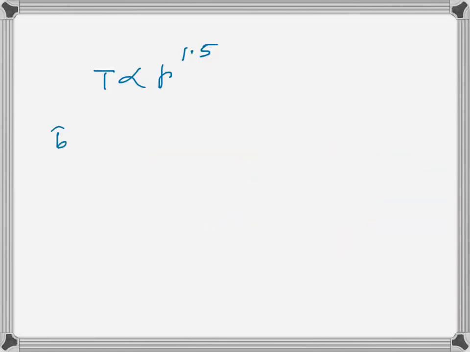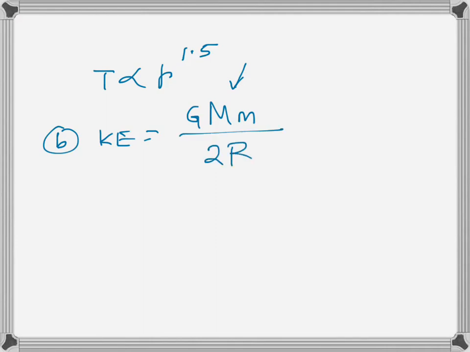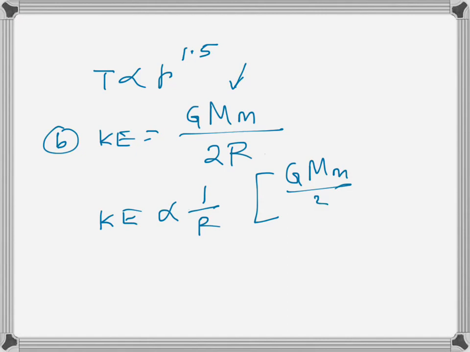Then we need to find how it's proportional to kinetic energy. So we know kinetic energy is GMm, with M being the mass of the center object and lowercase m the mass of the satellite, divided by 2r. So kinetic energy becomes proportional to 1 over r, because GMm over 2 is constant.